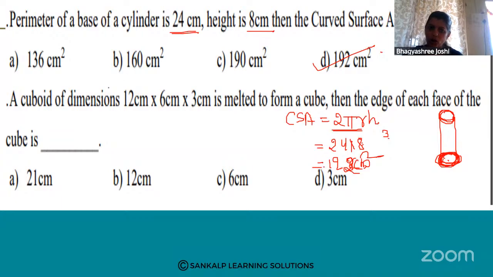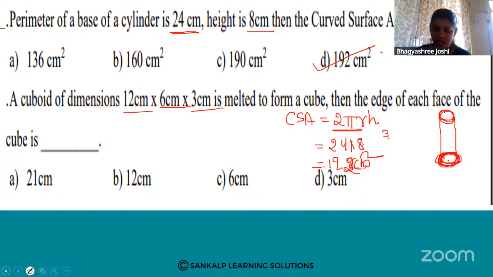A cuboid of dimensions 12 centimeter, 6 centimeter and 3 centimeter is melted to form a cube. Then the edges of each face of the cube is. So here dimensions they have given. So dimensions means it is length, breadth and height of a cuboid they have given. Length into breadth into height they have given.